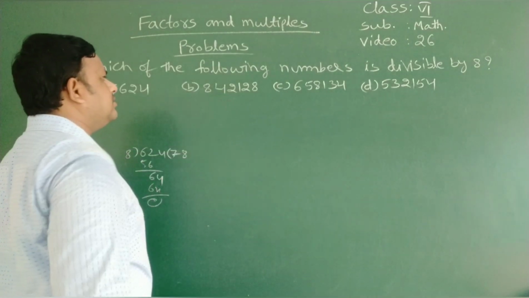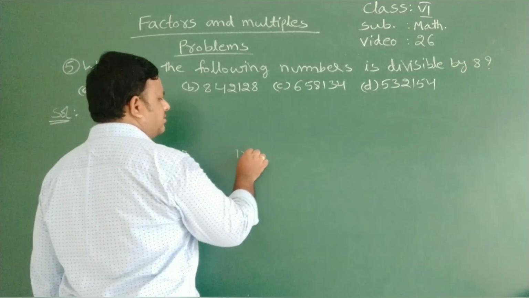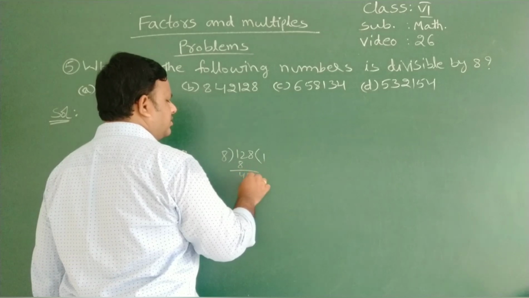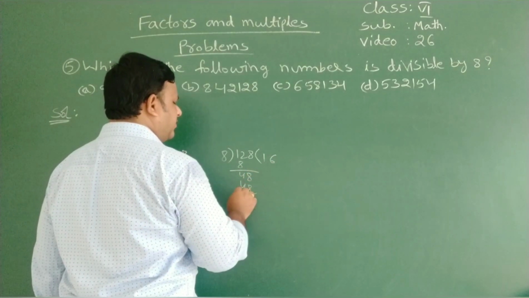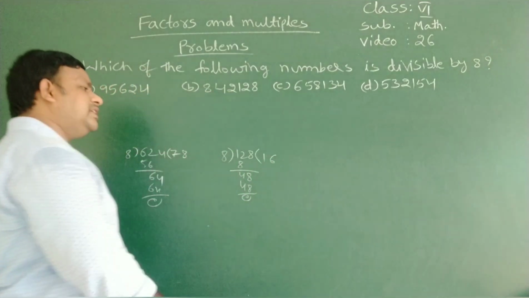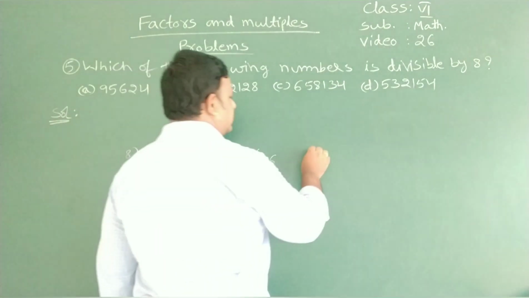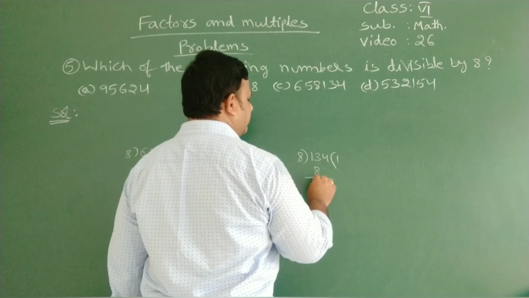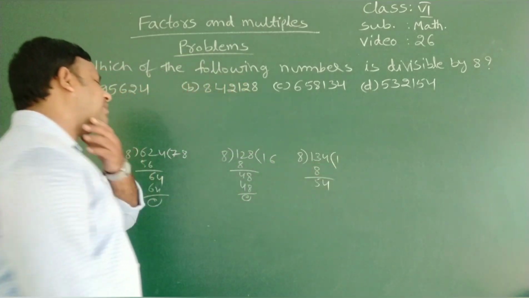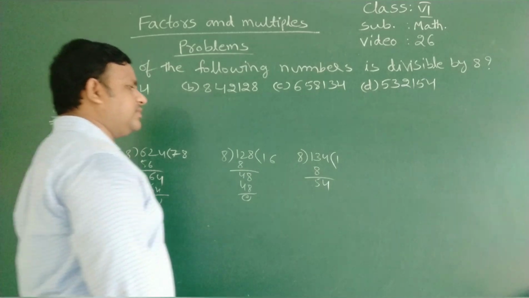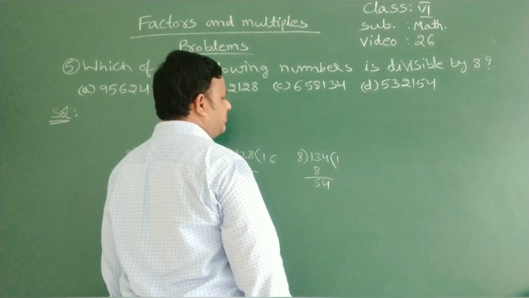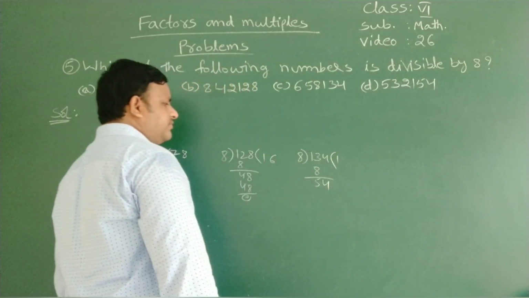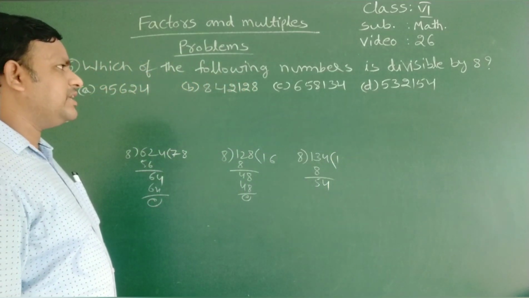Coming to the second number, the last three digits are 128. 8 ones are 8, 4, 48. 8 sixes are 48. So the second number is also divisible. Coming to the third one, 134. 8 ones are 8, 13 minus 8 is 5, and 4, 54. 8 sevens are 56, which is not divisible by 8.